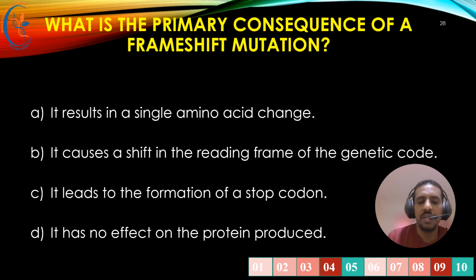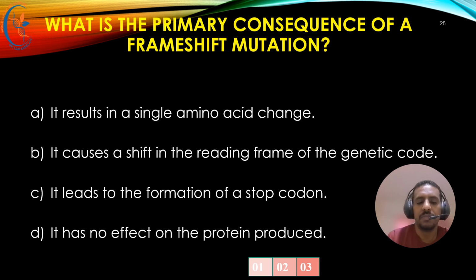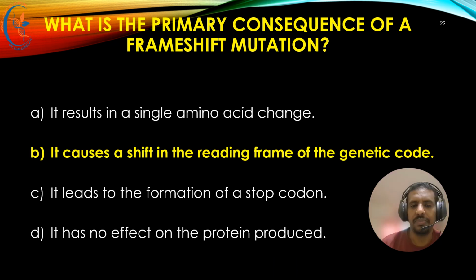So the next question is, what is the primary consequence of the frame shift mutation? All right, the correct answer is B. It causes a shift in the reading frame of the genetic code.